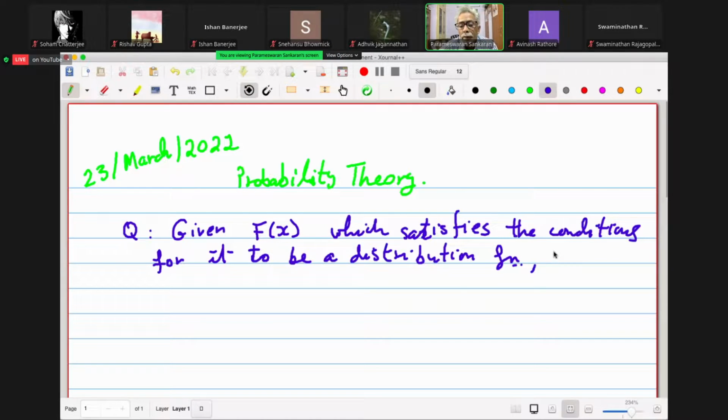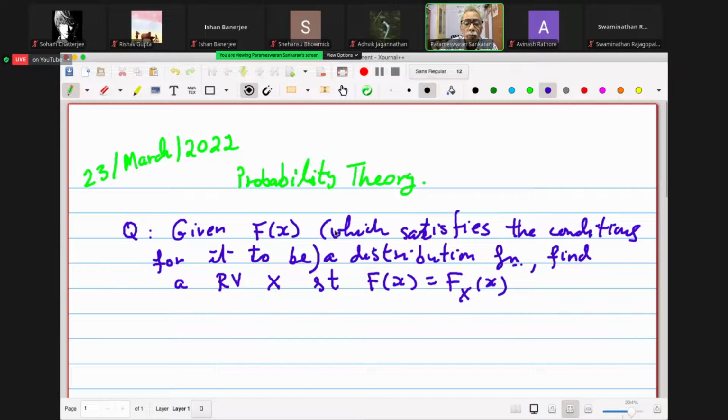Okay, find a random variable X such that F of X is equal to F_X of... or I can just simply say given a distribution function.